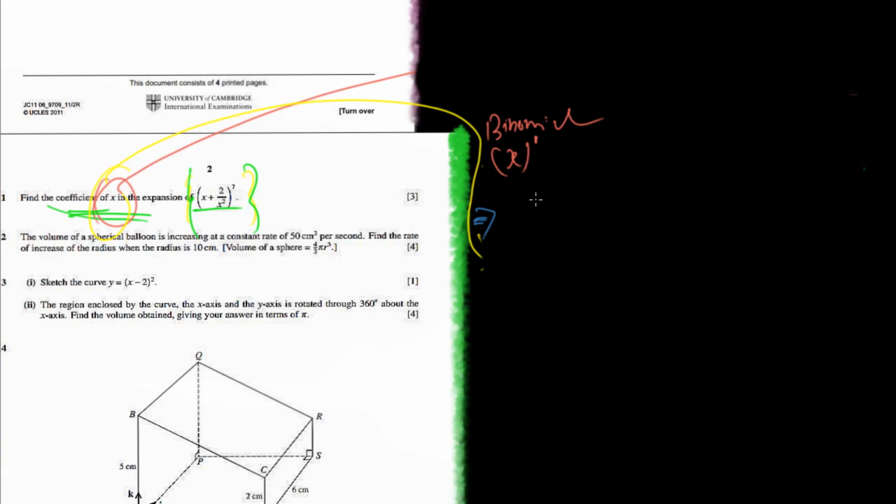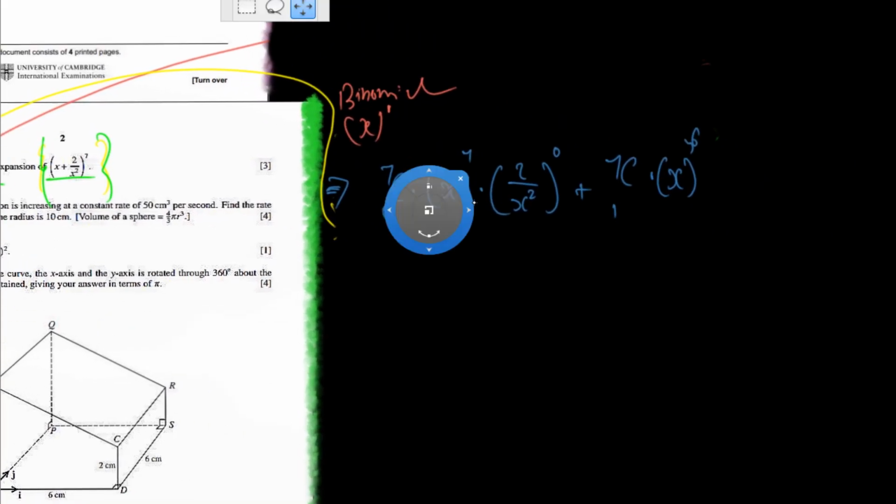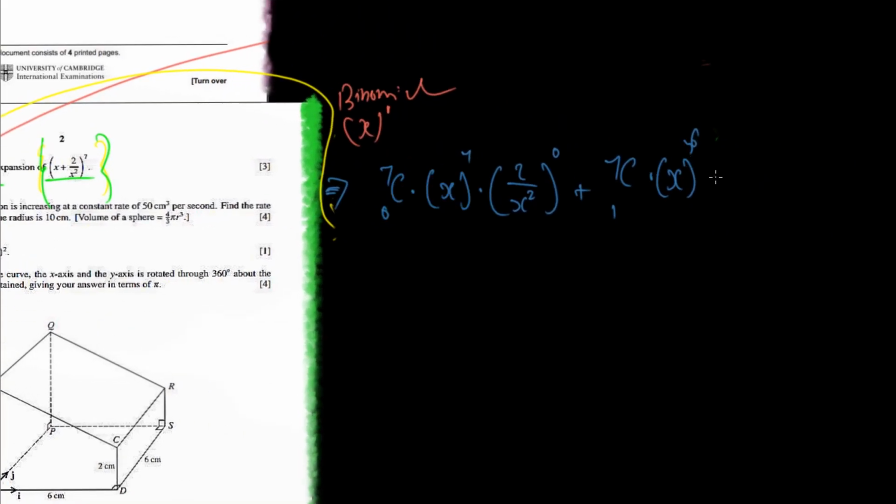So 7 choose 0 multiplied by x raised to 7 multiplied by (2x squared) raised to 0, plus 7 choose 1 multiplied by x raised to 6 multiplied by (2x squared) raised to 1, plus 7 choose 2 multiplied by x raised to 5 multiplied by (2x squared) raised to 2, and then we have the 2 over here.